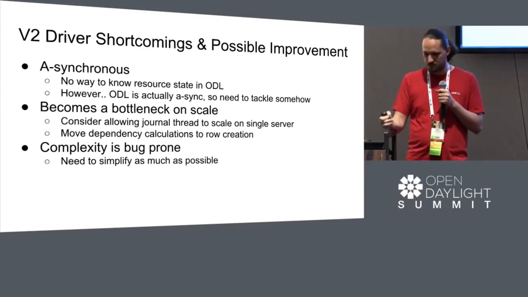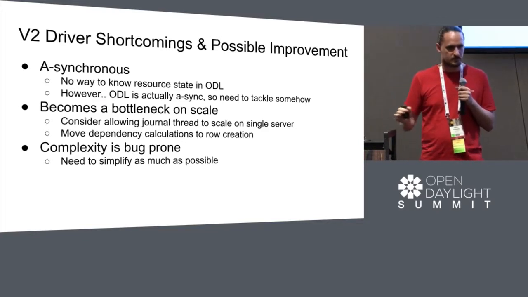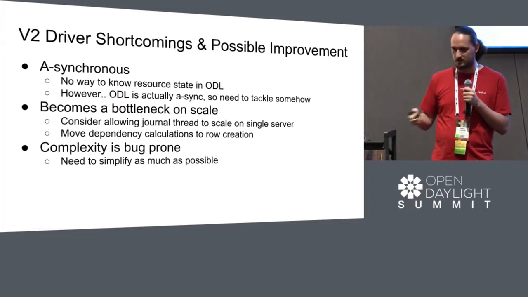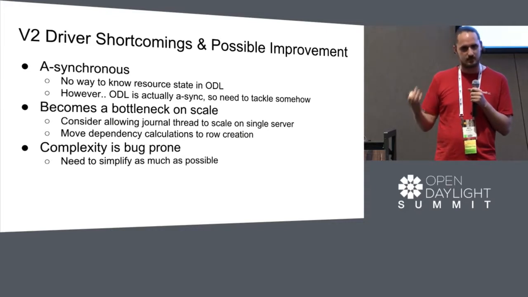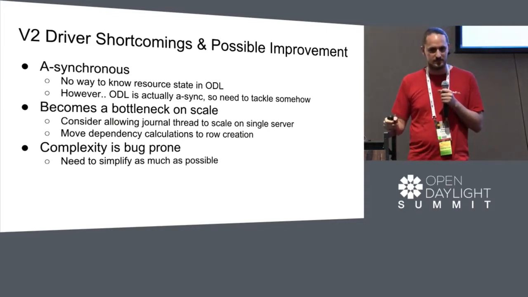Also, the driver is quite complex now because the dependency calculations and other areas are quite complex. The more complex it gets, the more bug prone and harder to maintain, so we need to simplify the code somehow.